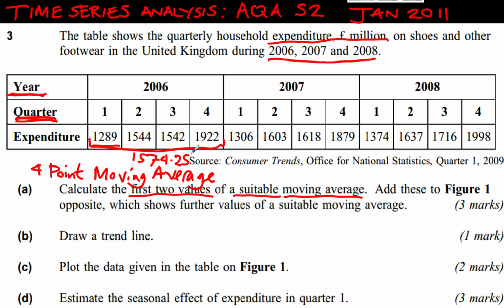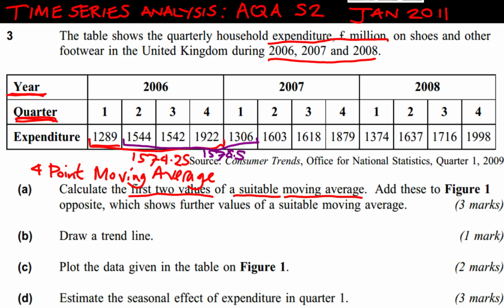Then for our second point, I'm going to move along one, and for our moving average, I'm going to take the numbers 1544 through to 1306, and that will give us a second moving average of 1578.5. We would then repeat this process, but actually they've carried it out for us.